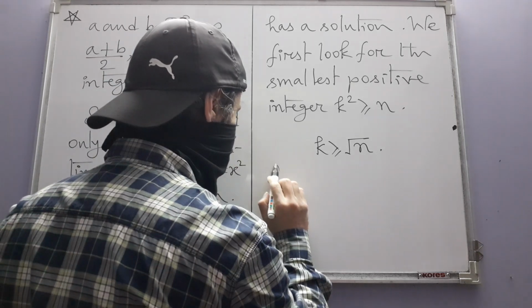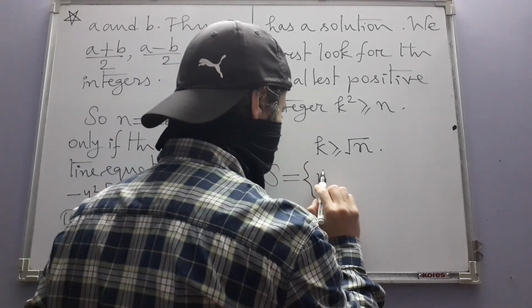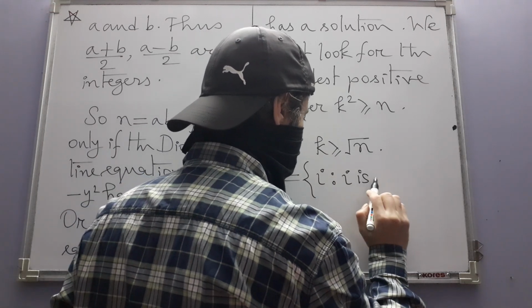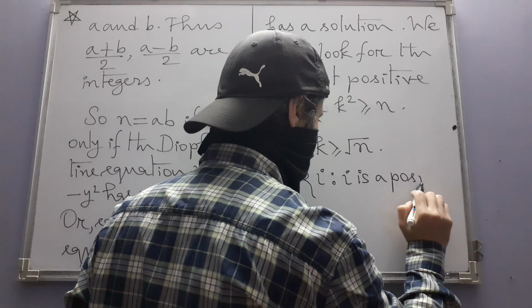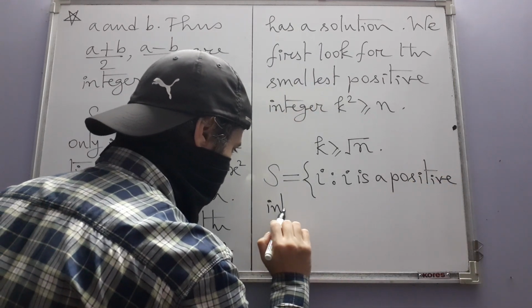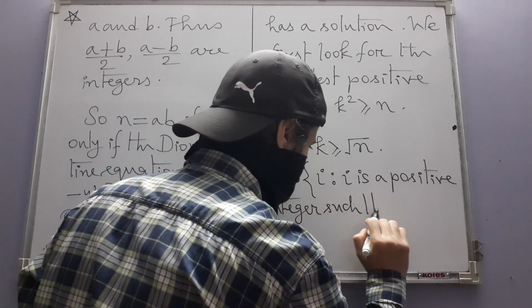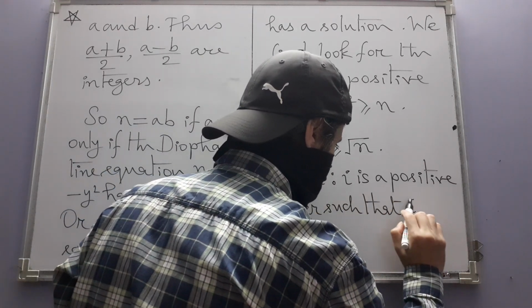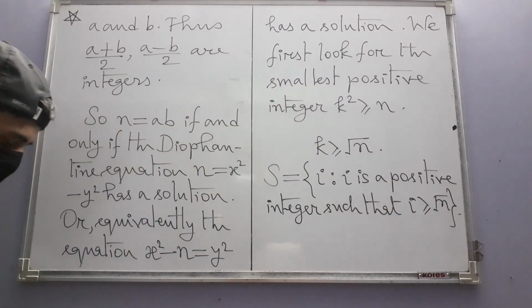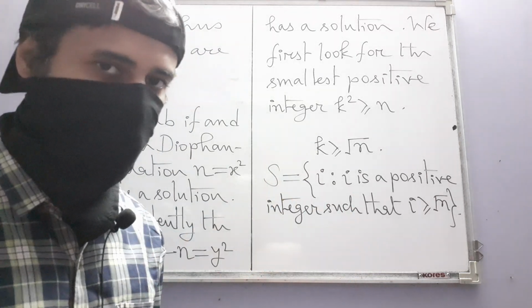Okay. If you consider this set, let S be the set of all positive integers i such that i is greater than or equal to square root of n. This is a subset of the set of all positive integers.